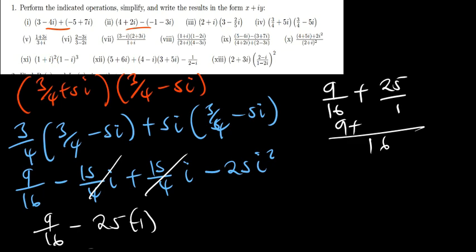Okay? 16 times 25 is 400. So 9 plus 400, sorry, which is 409, divided by 16. Because of this 9, there is no number which can go into 16 and 409, so I'll end there.